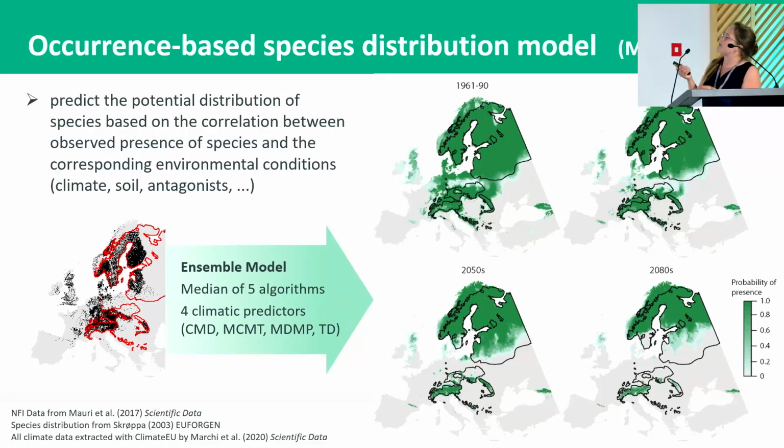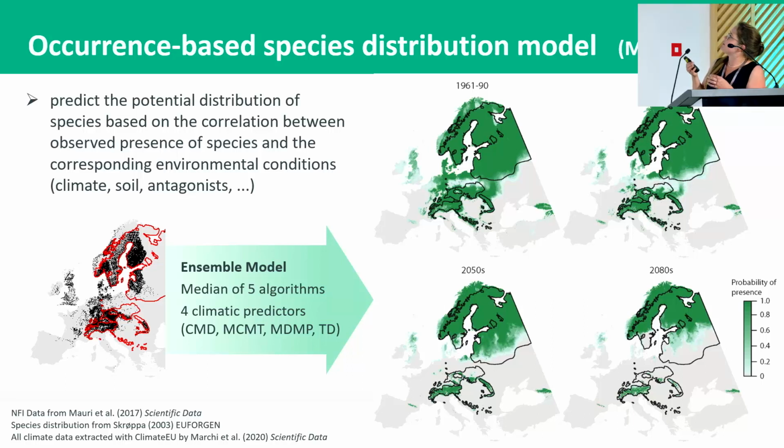I hope you can see it in the back. The largest area of potential habitat, with the highest probability of presence, we predict for the normal period from 1961 to 1990, the reference period, and starting from that, Norway spruce decreases with climate change.